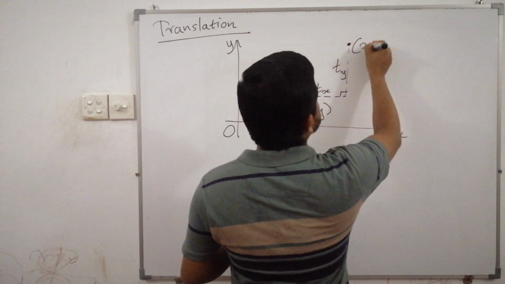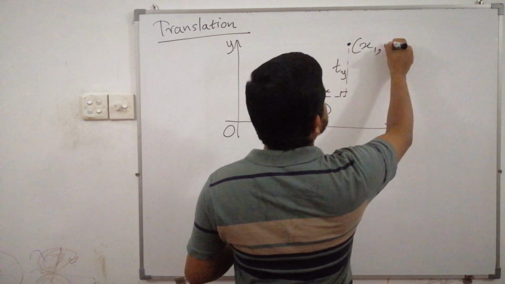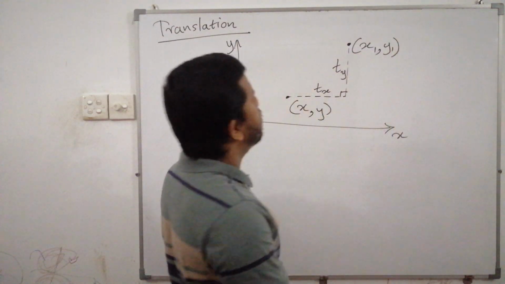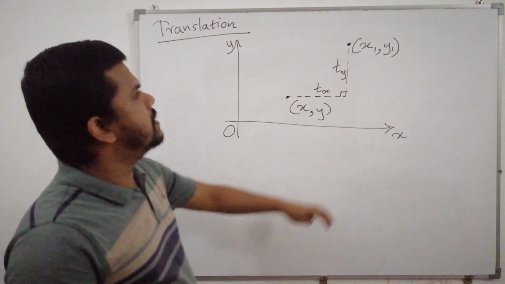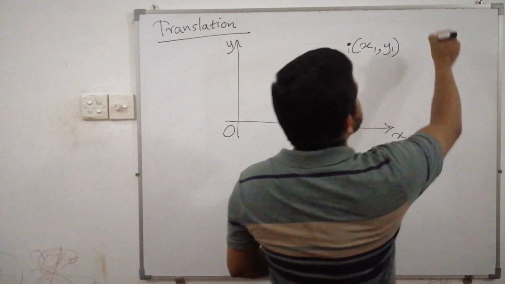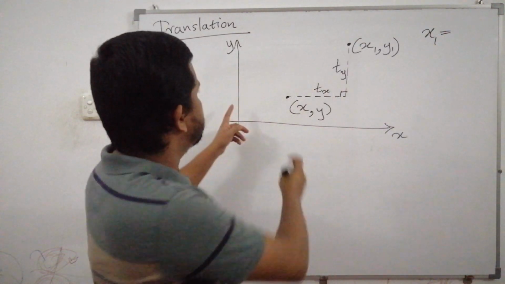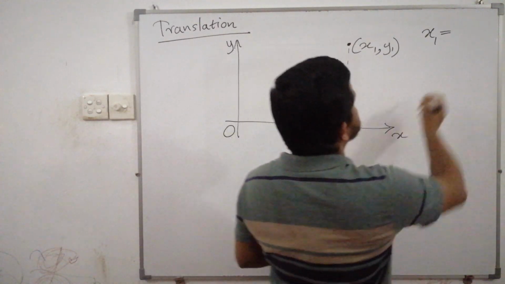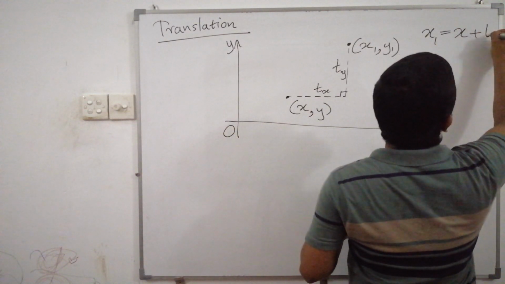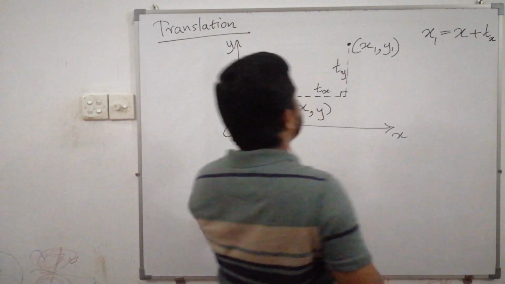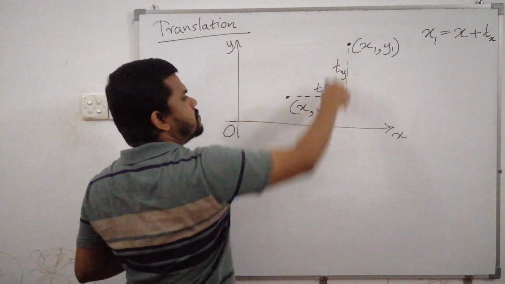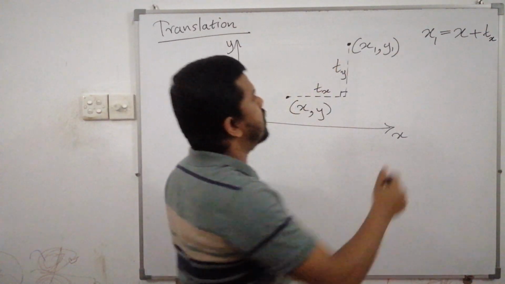So the coordinates of this position are x1 comma y1. Now we can write down x1 means x plus tx, y1 means y plus ty.